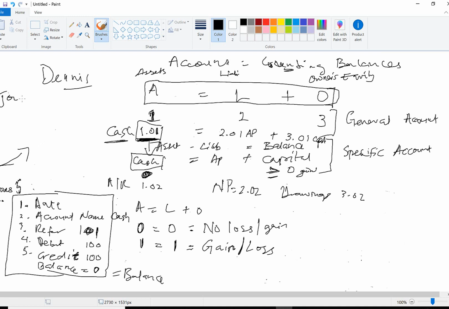So journalizing this entry of transaction data, we just enter information about this transaction that we're making.